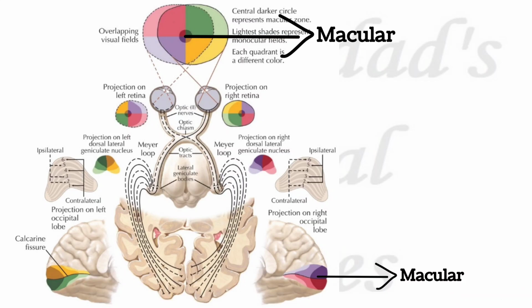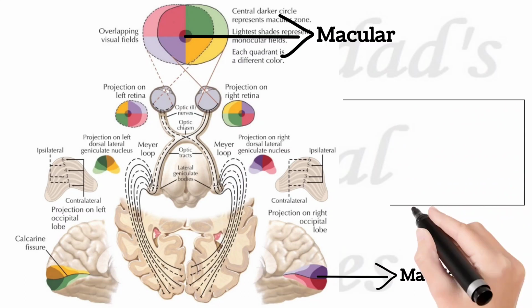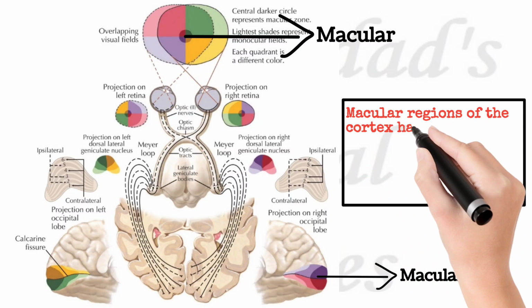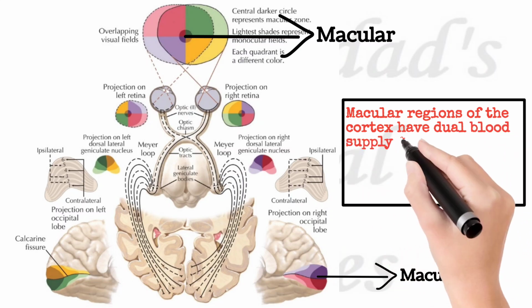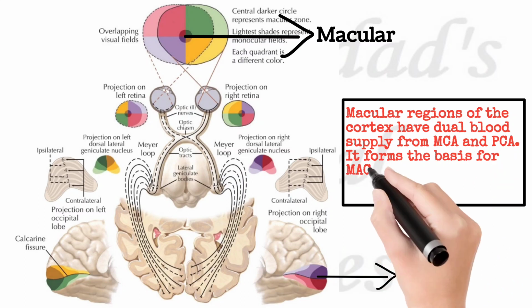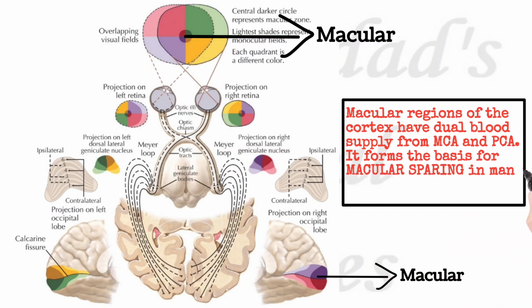Another important point is that the macular regions of the cortex have a double vascular supply from the middle cerebral artery and the posterior cerebral artery. So if there is disruption of any one vascular supply, like in case of PCA or MCA stroke, there is still another blood supply that the macular portion of the visual cortex can rely upon.